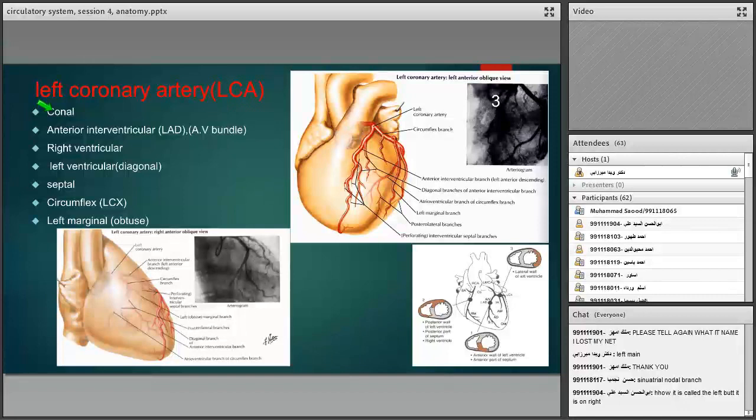The anterior interventricular artery is the longest and the biggest branch of all coronary arteries. This is the left part of the heart, the left side of the heart.